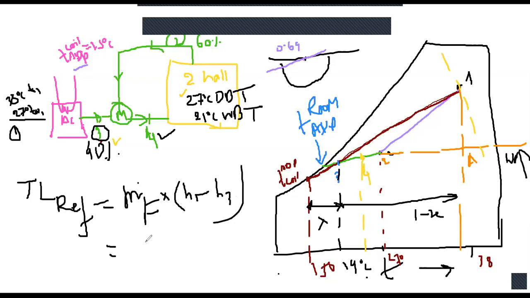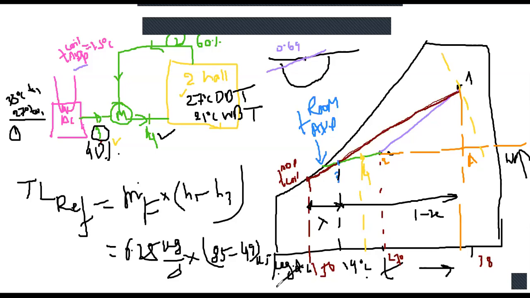Mass flow rate we calculated as 6.25 kg per second, into the enthalpy drop. H1 is 85, H3 is 49 kilojoule per kg of dry air. The kg cancels out, that means kilojoule per second.